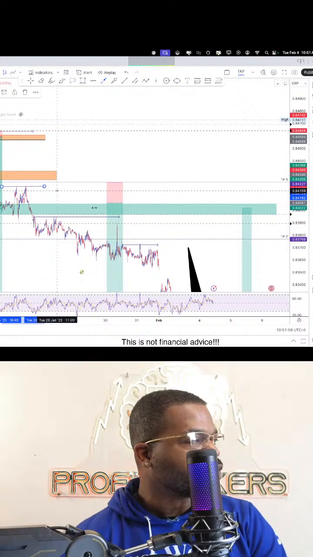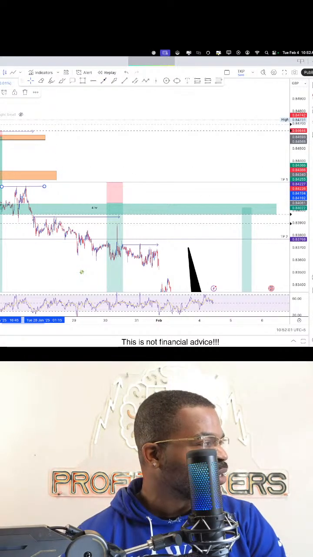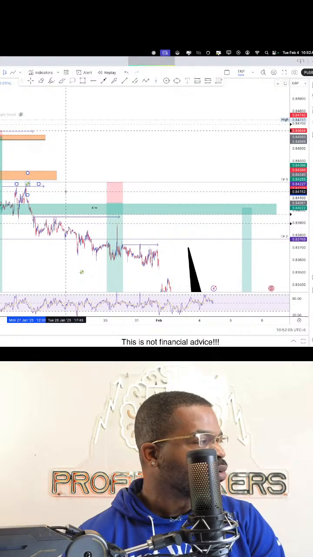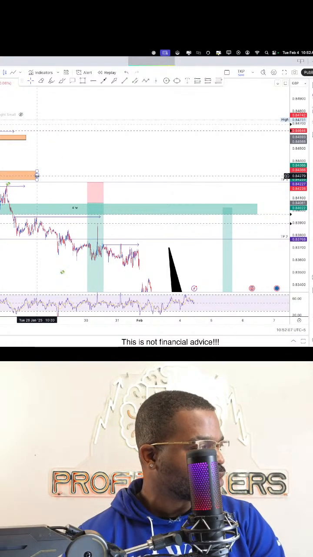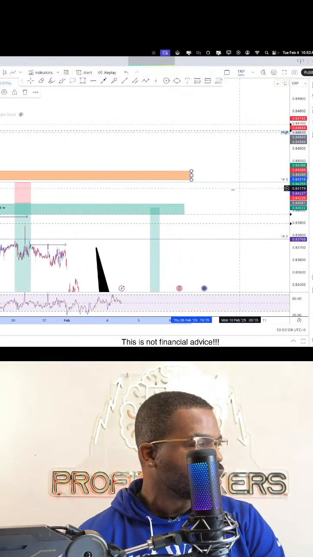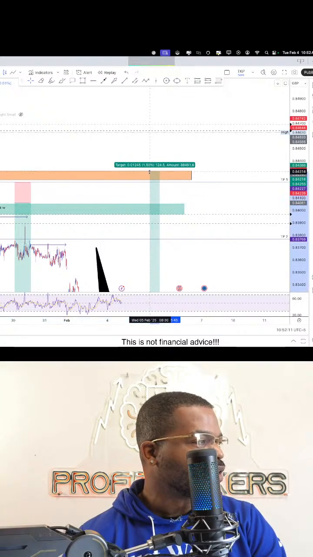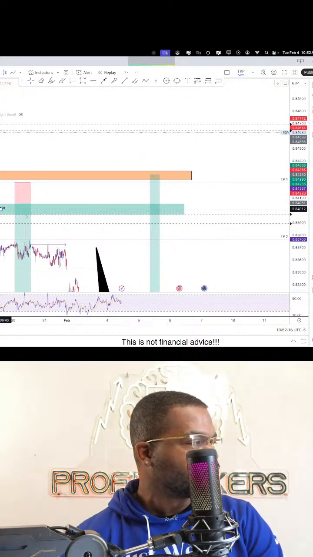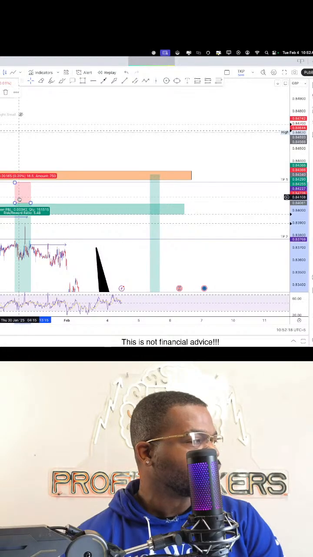Price created multiple rejections right there at that area. We do have money right there, so we don't want that to be our stop loss. This thing definitely got a bunch of rejections right here, so there's money right here as well.